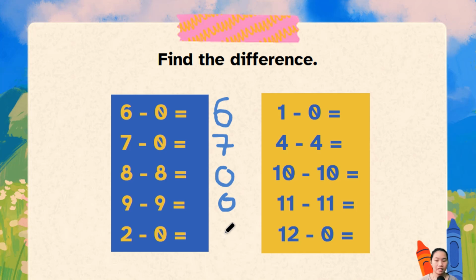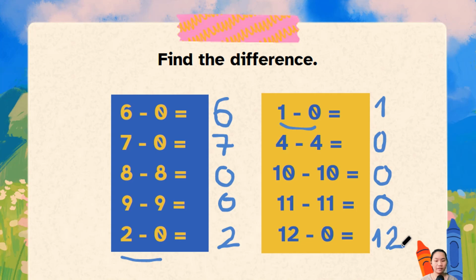Just like addition, it is 2, okay? 1 minus 0, the same over here, it is 1. 4 minus 4, the same with 8 minus 8, it is 0. 10 minus 10, once again, 0. 11 minus 11, 0 once again, very easy. 12 minus 0, the same as 1 minus 0, it is 12, okay?